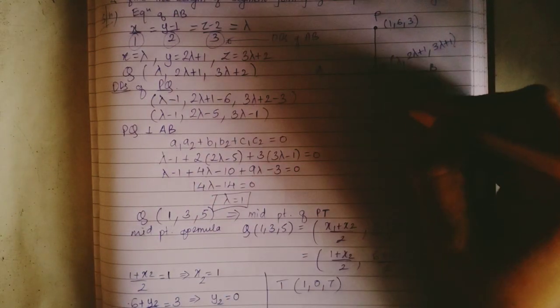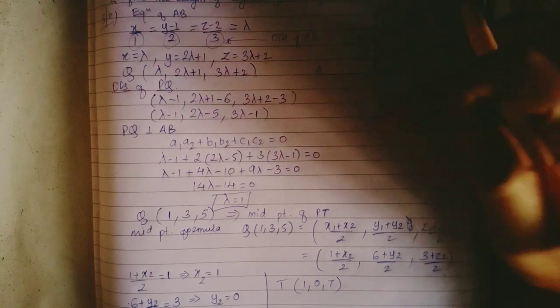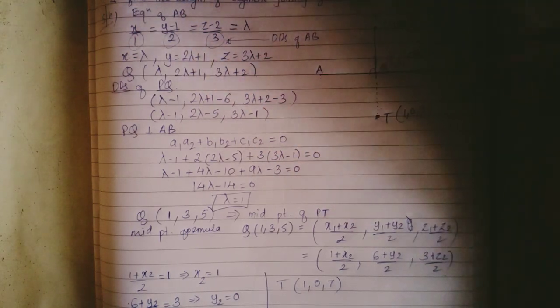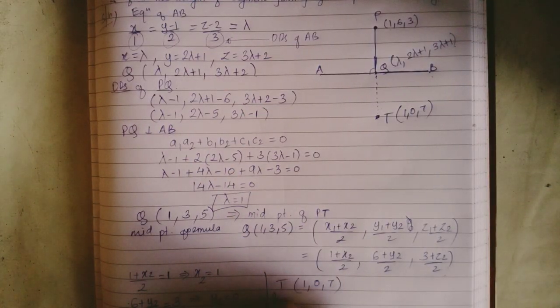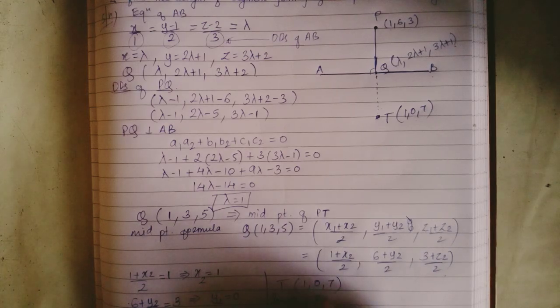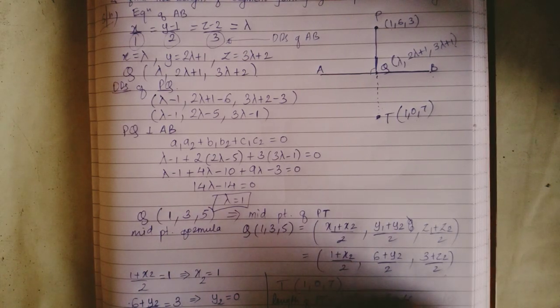Okay, this is the image. Now this is the image of the point P, and now you have to find the length of the segment from P to T. So you can use the distance formula. Length of PT is root of (x2 minus x1) (1 minus 1, 0) square plus (0 minus 6, 6) square plus (7 minus 3, 4) square.